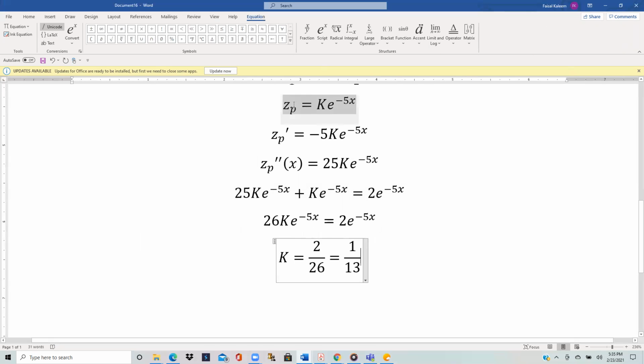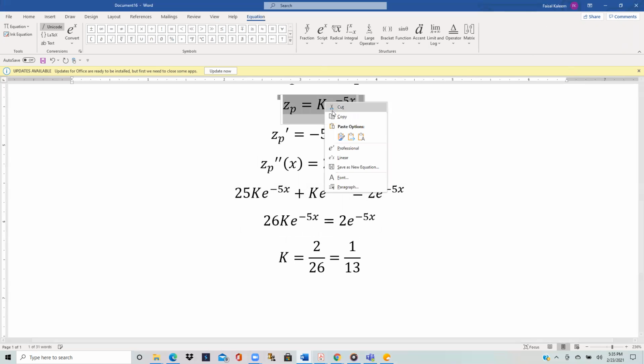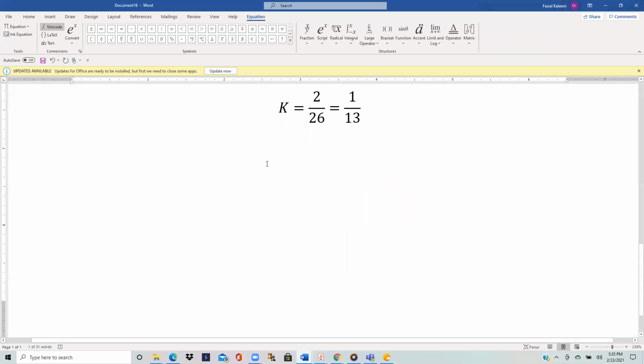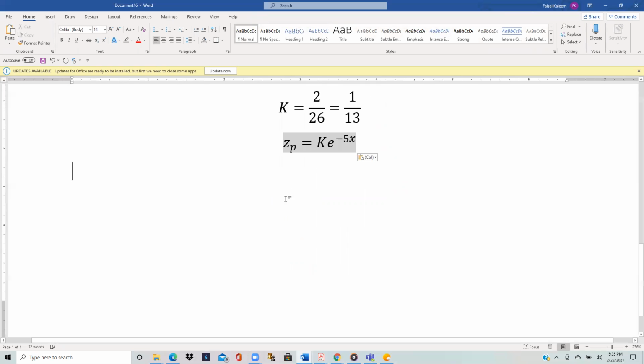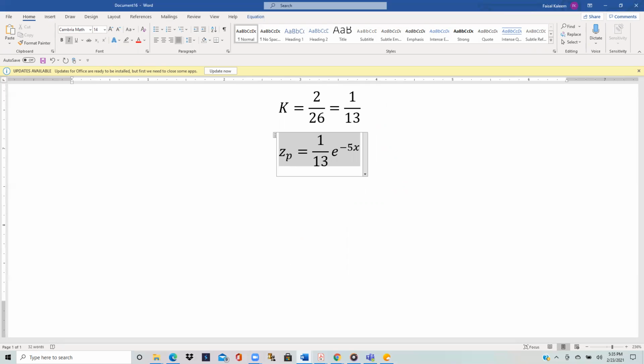So now we have the particular solution, ZP equals 1 over 13 e to the negative 5x. Now we'll write the general solution.